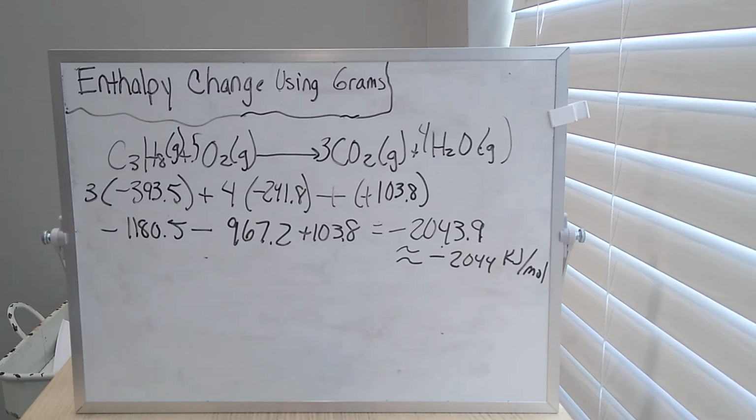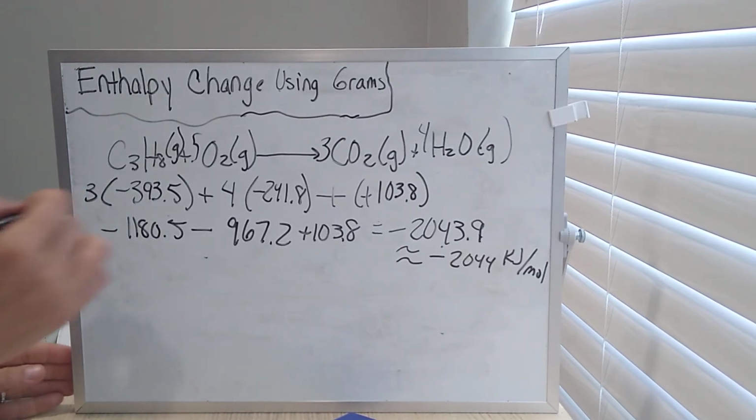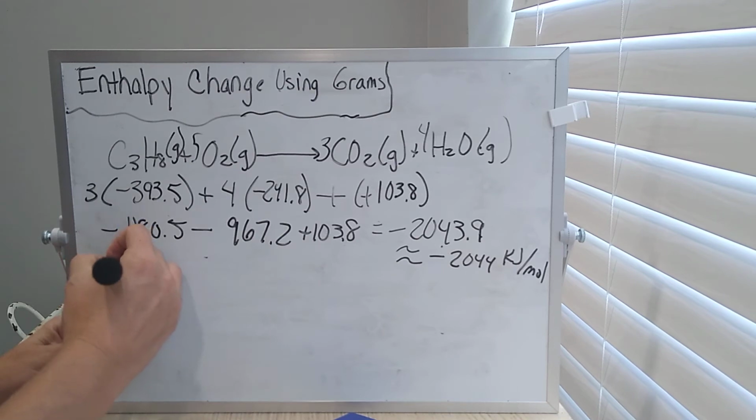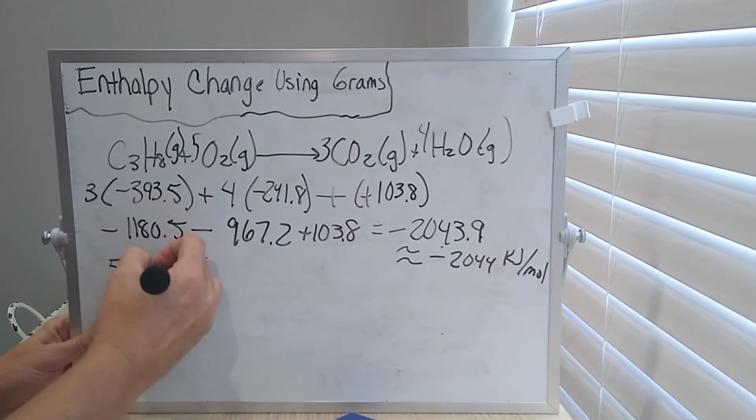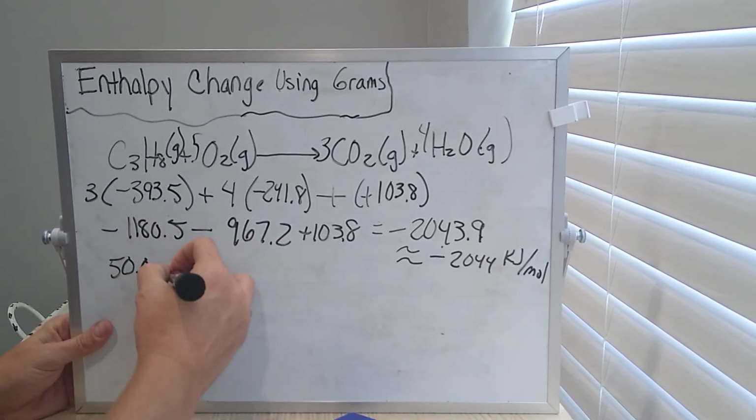So remember, this question may be asked on its own, and this is what you need to do first. So moving on to calculating how much heat can be produced by the combustion of 50 grams of propane. 50.0 grams of propane is our given information.